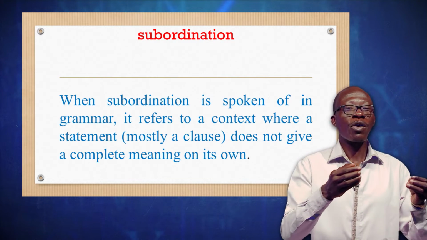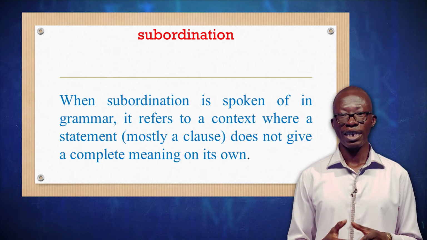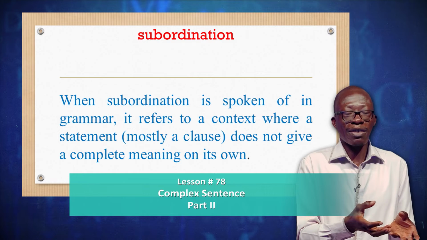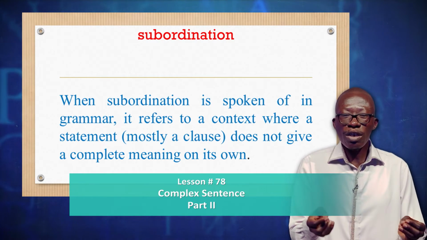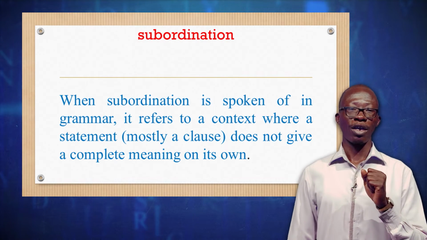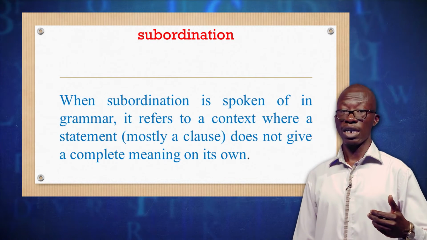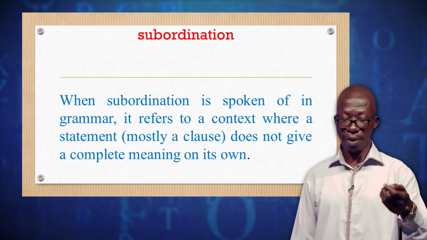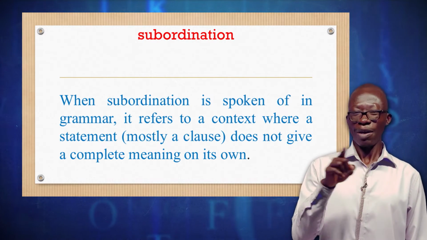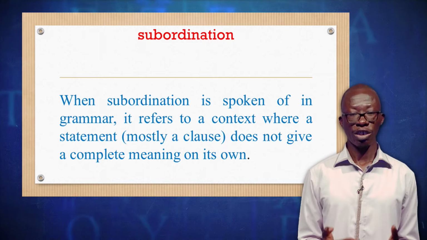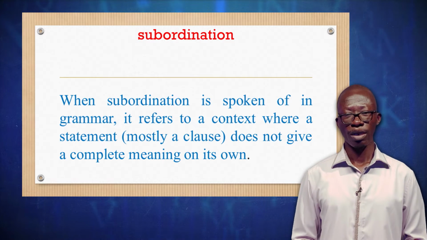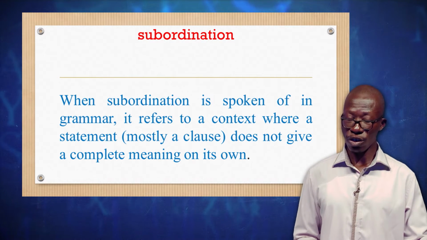So when subordination is spoken of in grammar, it refers to a context, a situation where a statement, mostly a clause, does not give a complete meaning on its own. From what we learned in the previous slides, we did mention that the term subordinate in our relationships as human beings, as students, as workers, or even at home, doesn't have authority on its own.